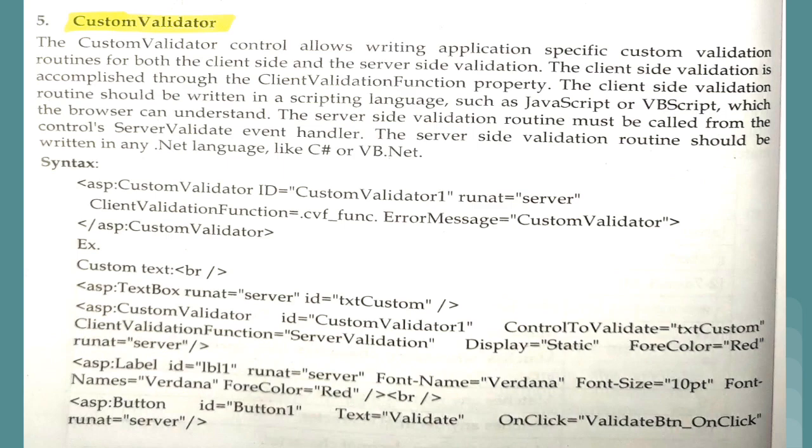Basically we take this validator control after the text box, and just double click on that particular validator control; one window will open. In that we are going to write the code. Basically the ClientValidationFunction-like event will appear inside the .cs file, and according to that event we have to perform.